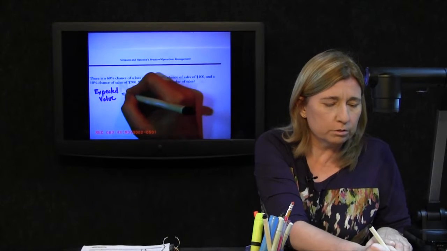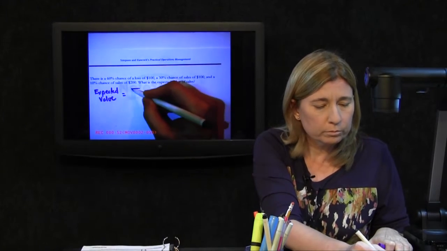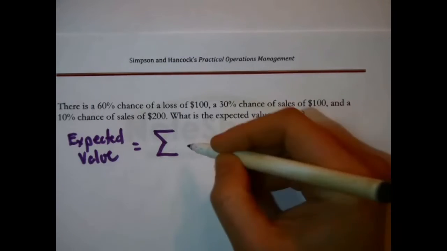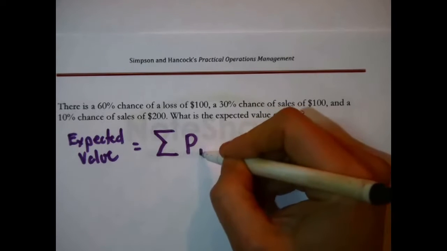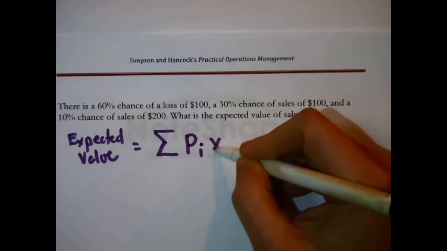Expected value, if you want to think about it as a formula, you need to add each probability times each possibility.